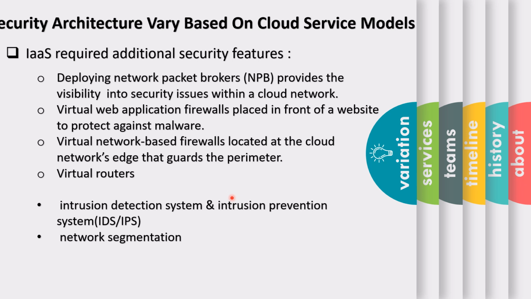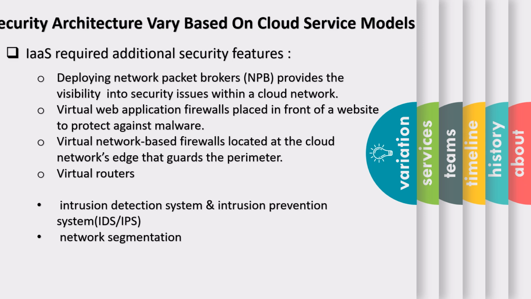They monitor the traffic in the cloud and analyze packets that flow through the system. Then we have the WAF, a virtual web application firewall, which is a firewall designed to protect web applications from common attacks like SQL injection, cross-site scripting (XSS), and other web vulnerabilities.